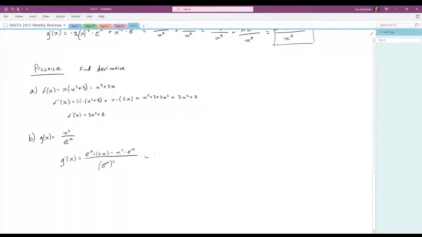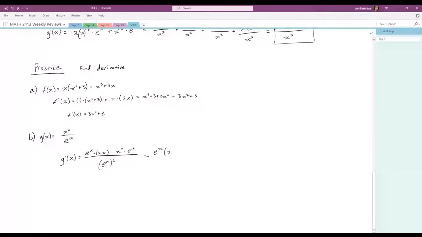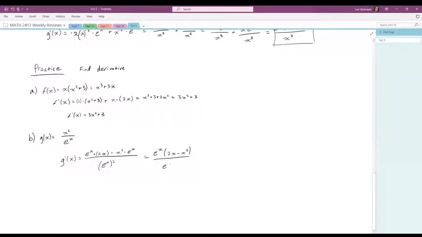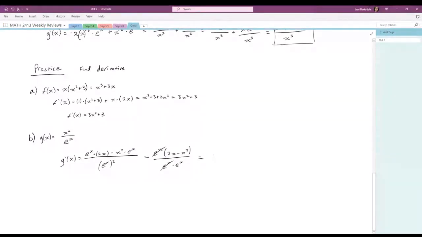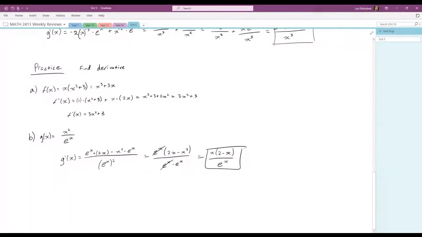I'm going to factor out an e to the x from the top. And on the bottom, I'm going to write it as e to the x times e to the x. And now I can cancel some e to the x's. And finally, I'm also just going to factor out an x on top as well. There you have it. Any questions?